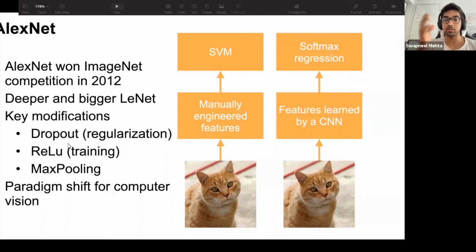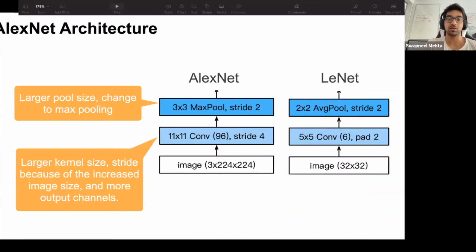So the paradigm shift was from manually hand engineered features and custom methods to automated features learned by the filters in a CNN, saying, well, give your data to the network, let the network learn the stuff for you. So yeah, that's really what changed.